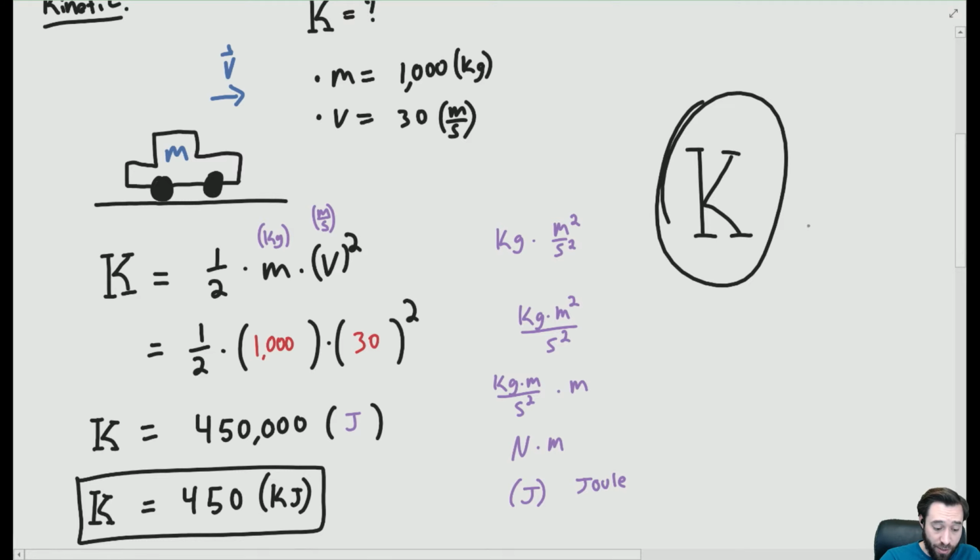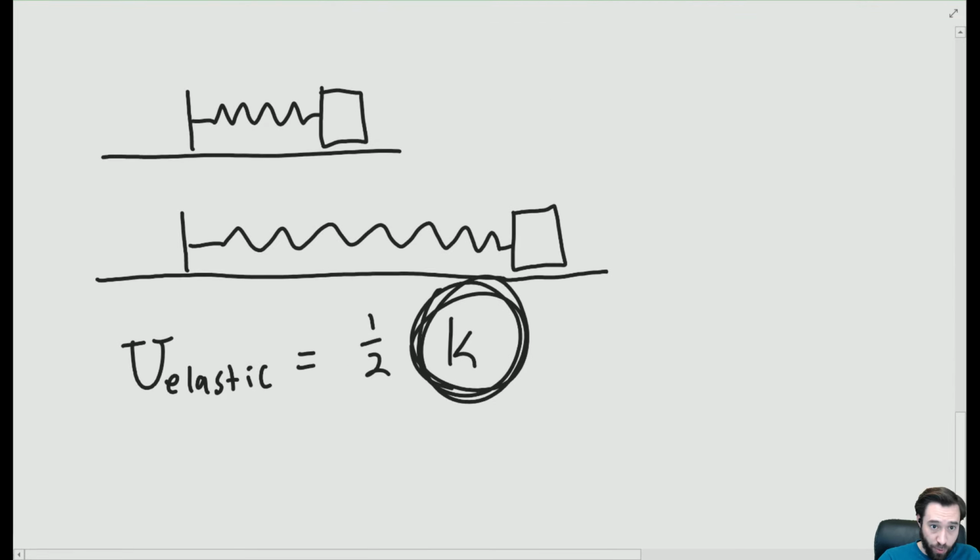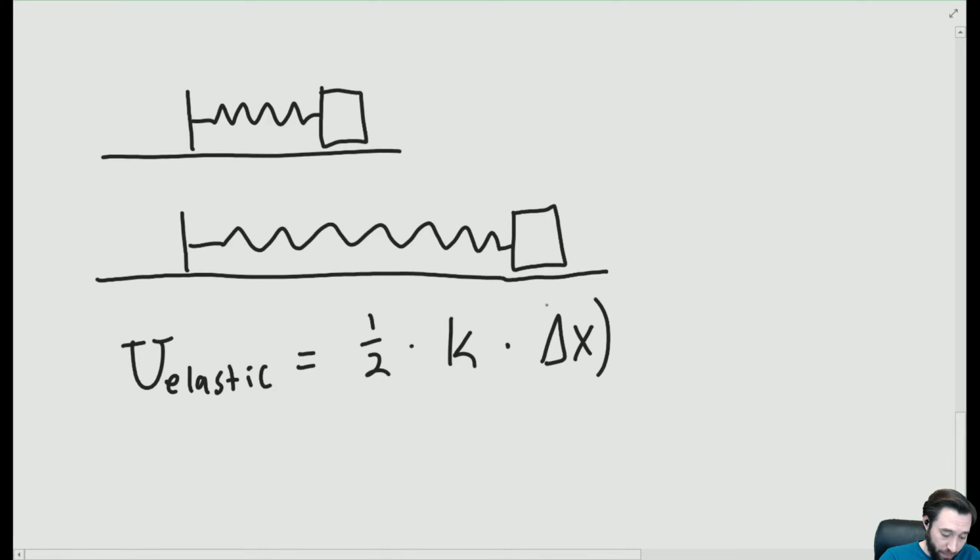This is kinetic energy. This is the spring constant. Okay, they are different. Just want to make that quick note. And then the amount that the spring is stretched squared.